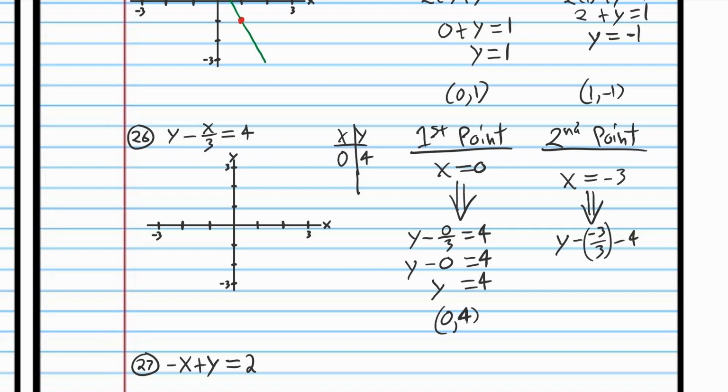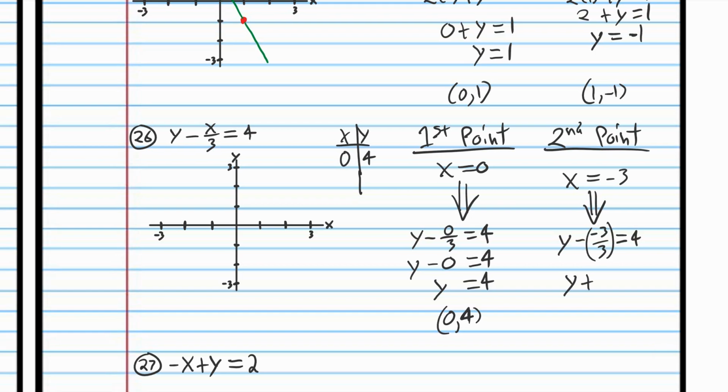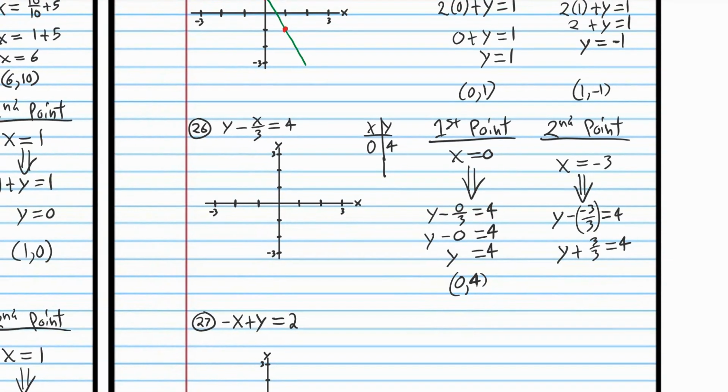So that's going to make that a double negative. So y minus -3 over 3. That looks right. A double negative becomes positive. And of course, 3 over 3 is just 1. And subtract 1 from both sides, and you get y is equal to 3.